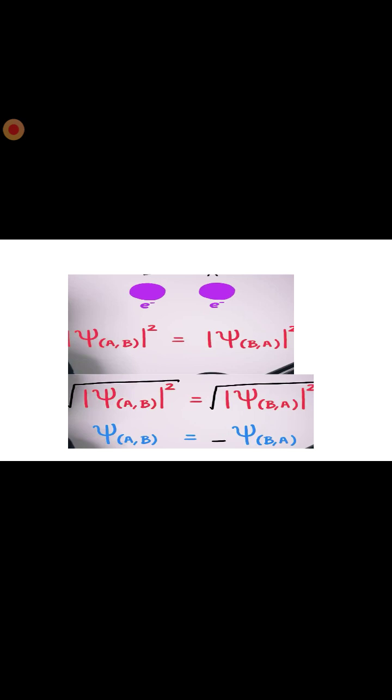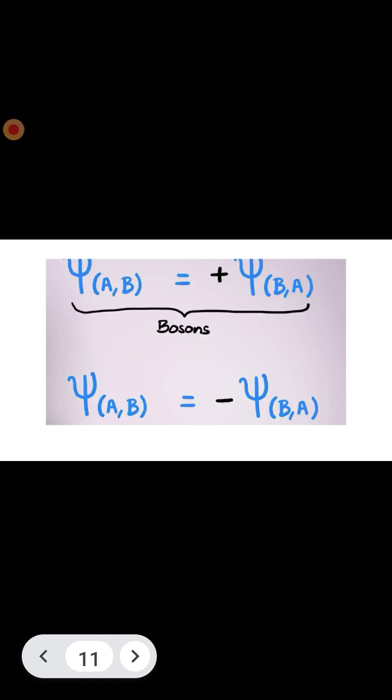Psi AB is equal to psi BA, or psi AB is equal to minus psi BA. Psi AB is equal to psi BA is the case of bosons, that is a symmetric wave function. Our area of interest is fermions, where psi AB is equal to minus psi BA, that is an antisymmetric wave function.